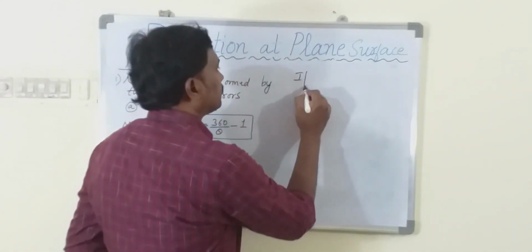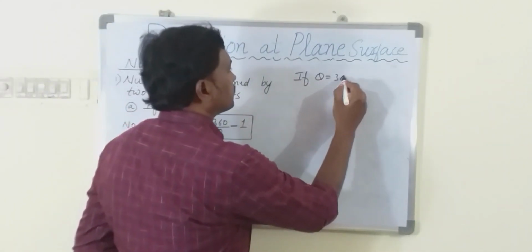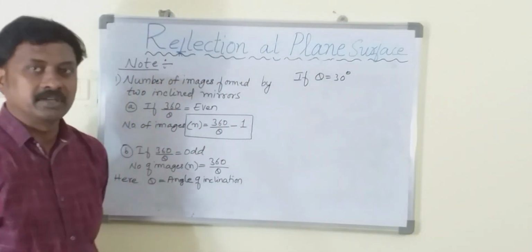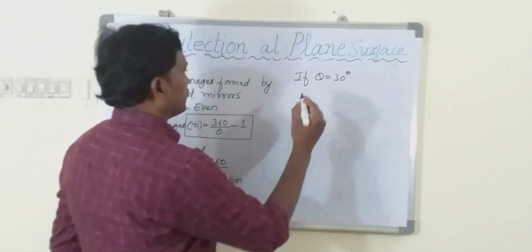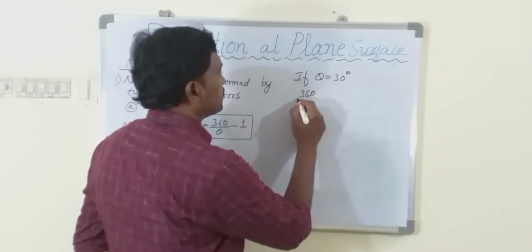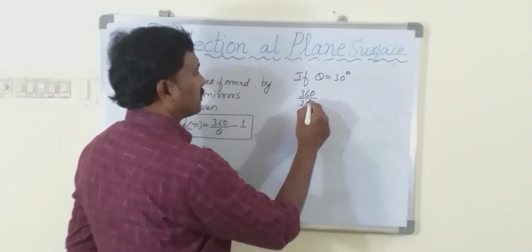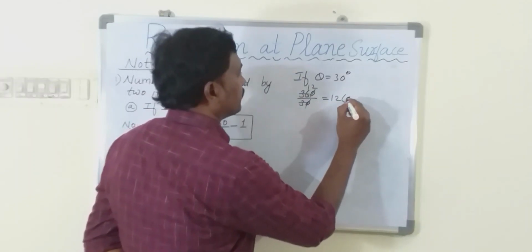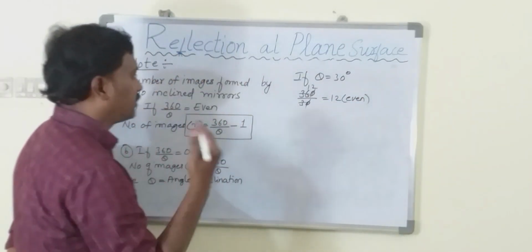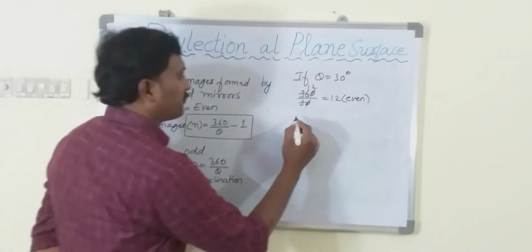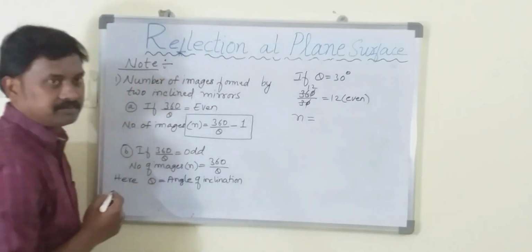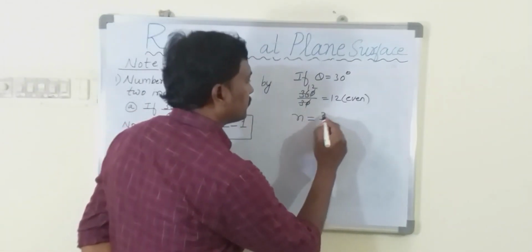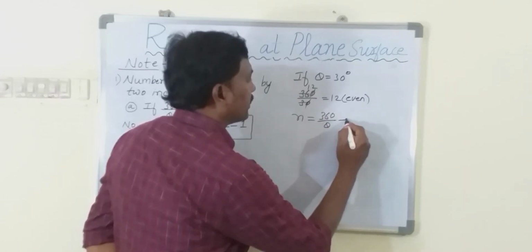If theta is 30 degrees, the angle of inclination is 30 degrees, then let me calculate 360 by 30. You are getting 12. So 12 is even. So if it is even, then the number of images, which is represented with n, is n equal to 360 by theta minus 1.